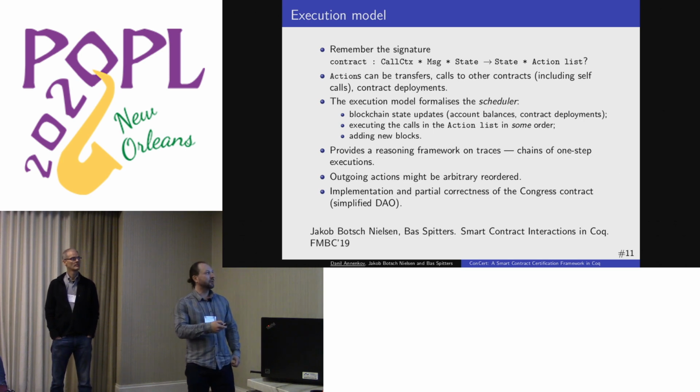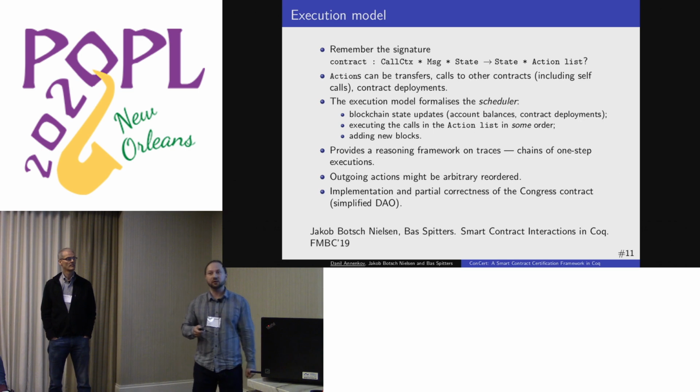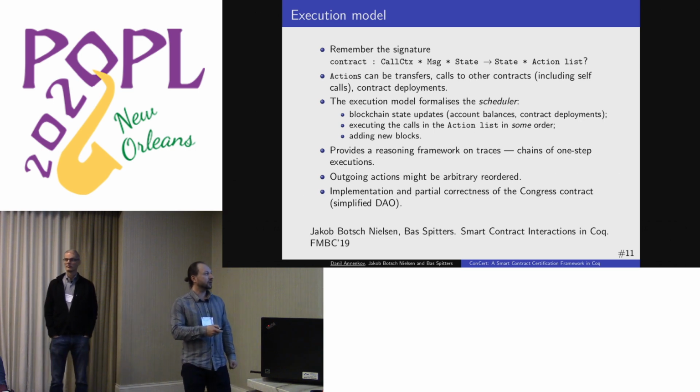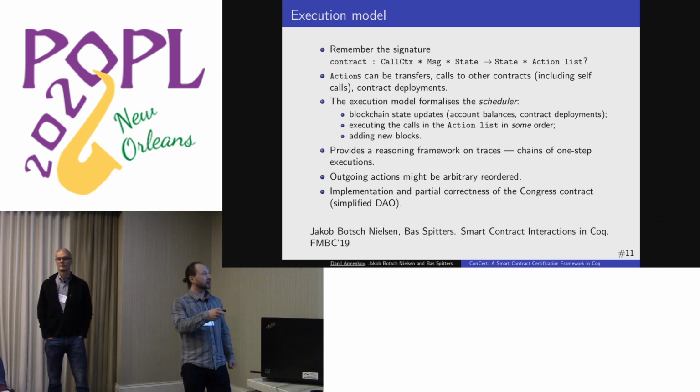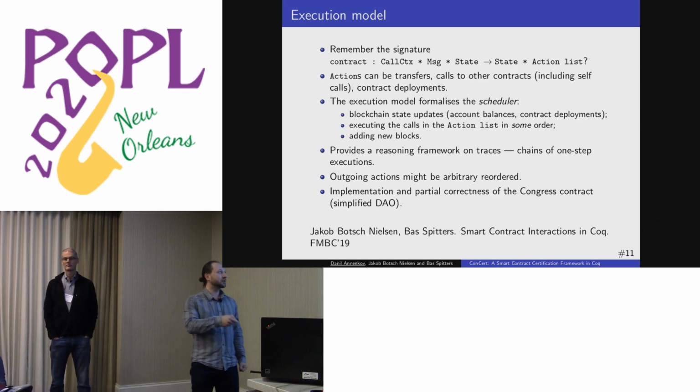But the part of this framework which comes before the scheduler can stay the same for other models like unspent transaction outputs. So just changing the bits about executing emitted transactions might also fit a different execution model. I hope so. Okay, thanks.